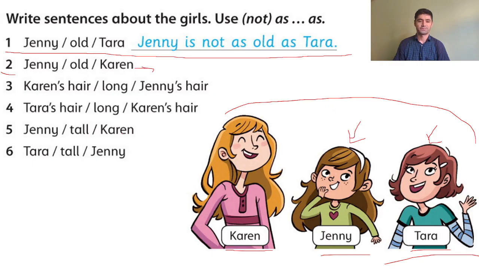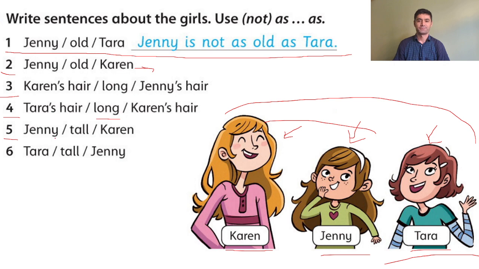Because she looks younger. Next sentence, number 3. Very good. So Karen's hair is as long as Jenny's hair. They both have long hair, right? Great. Next, number 4. Tara's hair is not as long as Karen's hair because Karen's hair is longer.